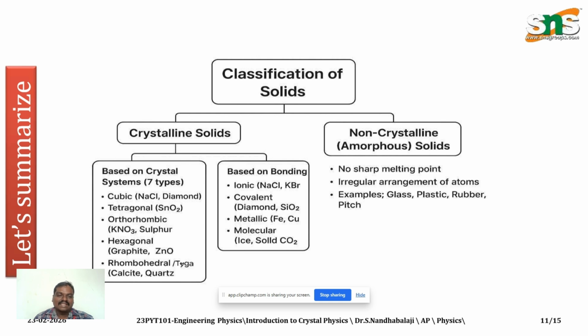Single crystals are based on seven crystal systems, like the cubic, tetragonal, orthorhombic, hexagonal and rhombohedral structures. Polycrystals are based on bonding structures like ionic, covalent, metallic, and molecular bonding. In non-crystalline structures, amorphous solids have no sharp melting points and an irregular arrangement of atoms, for example glass and plastic materials.